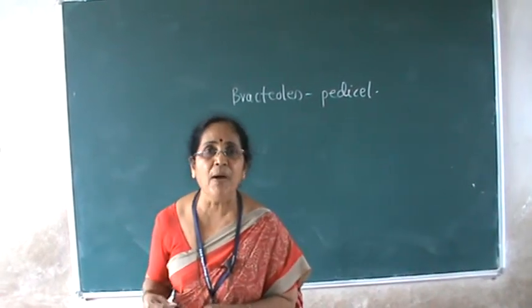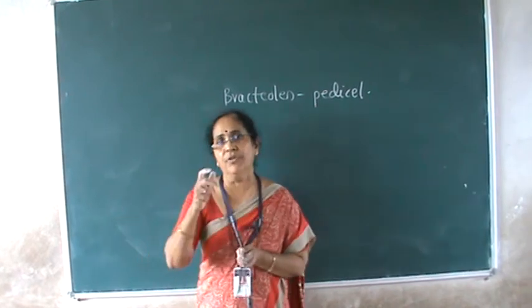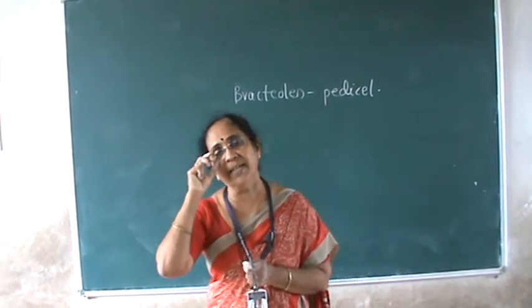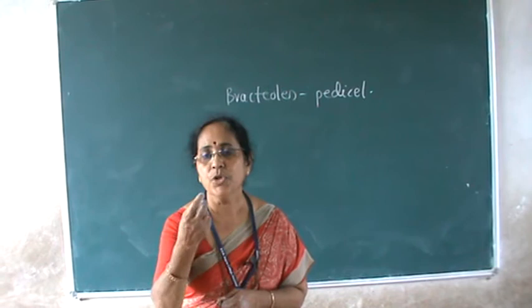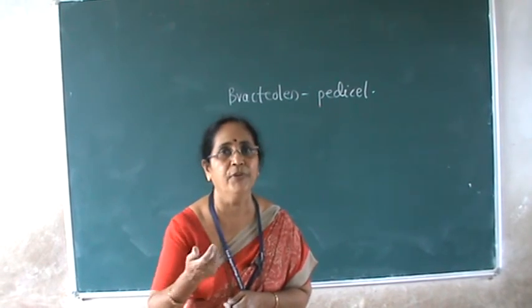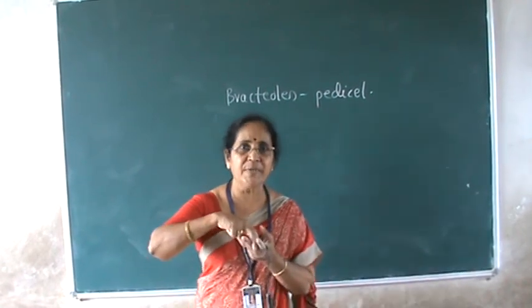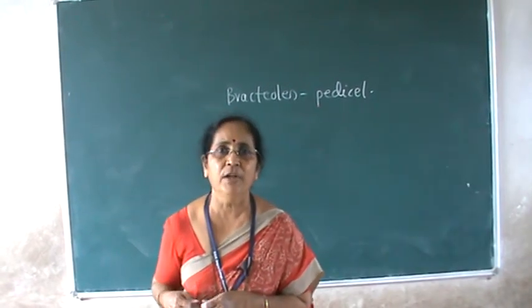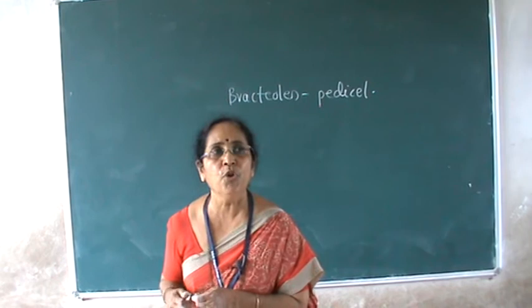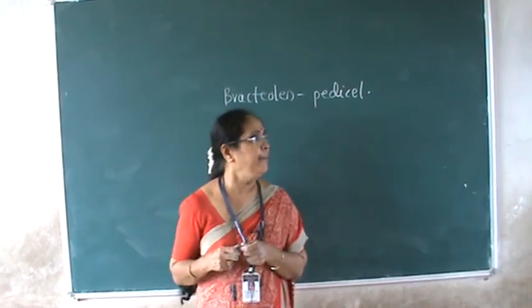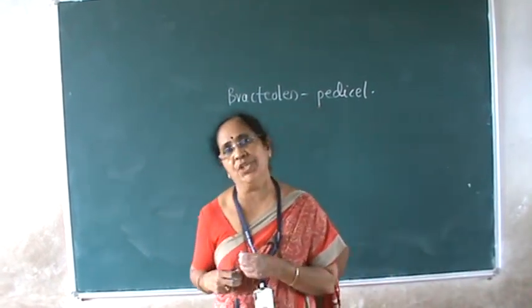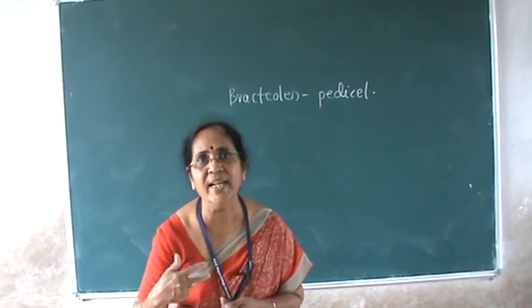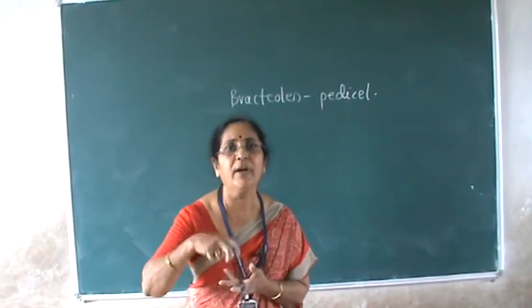Then epigynous flower, very easy to make out whether it is epigynous or hypogynous. Epigynous can be easily identified because the ovary is found at the bottom of the flower. You can make out, hold the flower upside down. If you find the ovary at the bottom, definitely it is an epigynous kind of flower, and it is found in all cucurbits where the thalamus becomes a cup with deep depression inside which the entire ovary is hidden, or engulfed, or embedded.